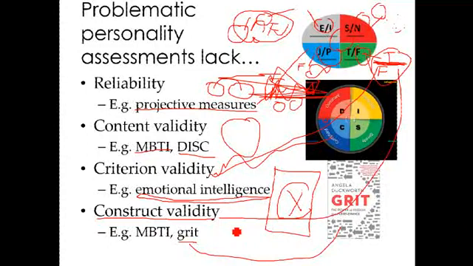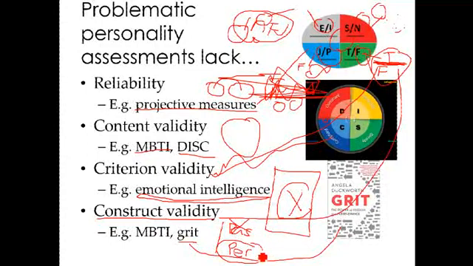So if you look at a measure of grit, a questionnaire of grit, it's supposed to measure two things: your passion for pursuing long-term goals and your persistence for pursuing long-term goals. Passion and persistence. But if you look at the factor analyses and if you look at the outcomes, it's only persistence. It's not passion. Yeah, so it's not doing what it says it does.